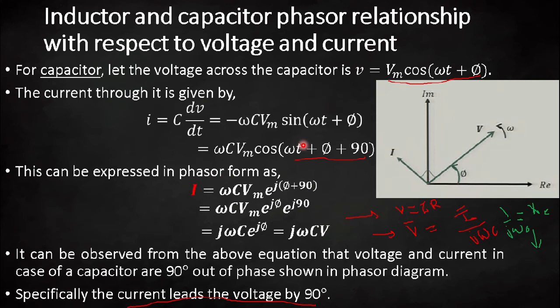So that is what we have concluded for the inductor and capacitor: in the case of an inductor, voltage leads current by 90 degrees, but in the case of a capacitor, current leads voltage by 90 degrees. In the case of a resistor, V is directly proportional to I, which is why voltage and current are in phase with each other. And there is a phase shift between voltage and current in the case of an inductor and capacitor, that is plus or minus 90 degrees.